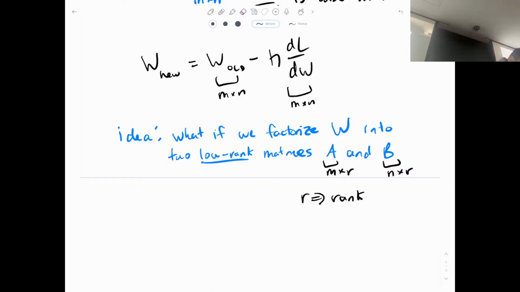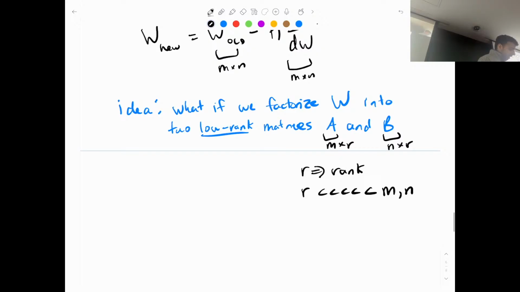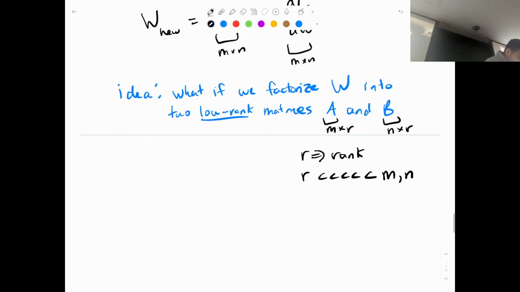So R is much smaller than M or N. And so the idea is that if I have, let's say, a 1024 by 1024 matrix, I can decompose it into 2 matrices that are, let's say, 1024 by 8 and 1024 by 8. In doing so, I save a ton of parameters.